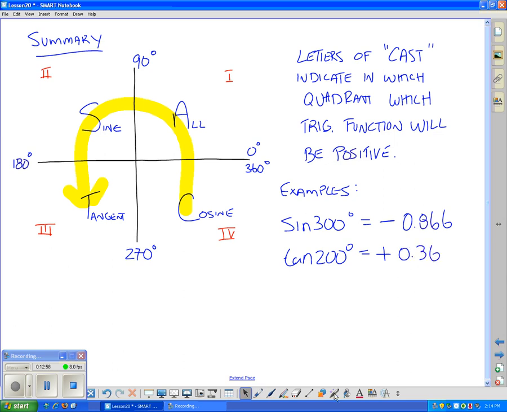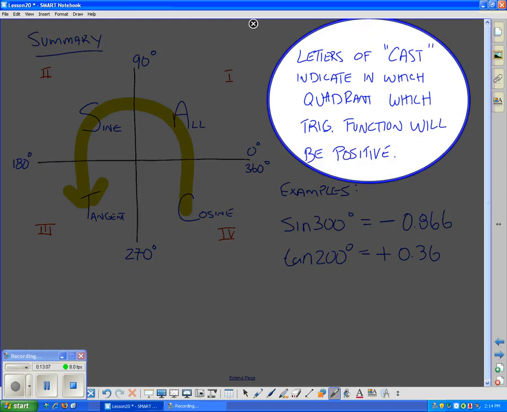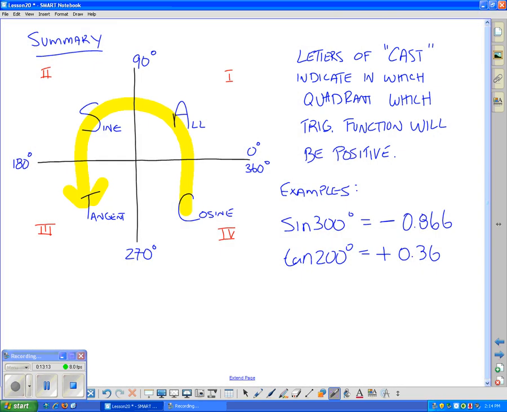That's all the CAST rule is telling us. This is the whole point of CAST rule right here. The letters of CAST just tell you in which quadrant the trig functions are positive. And you can play with this all you want. You are going to find that it follows that rule.